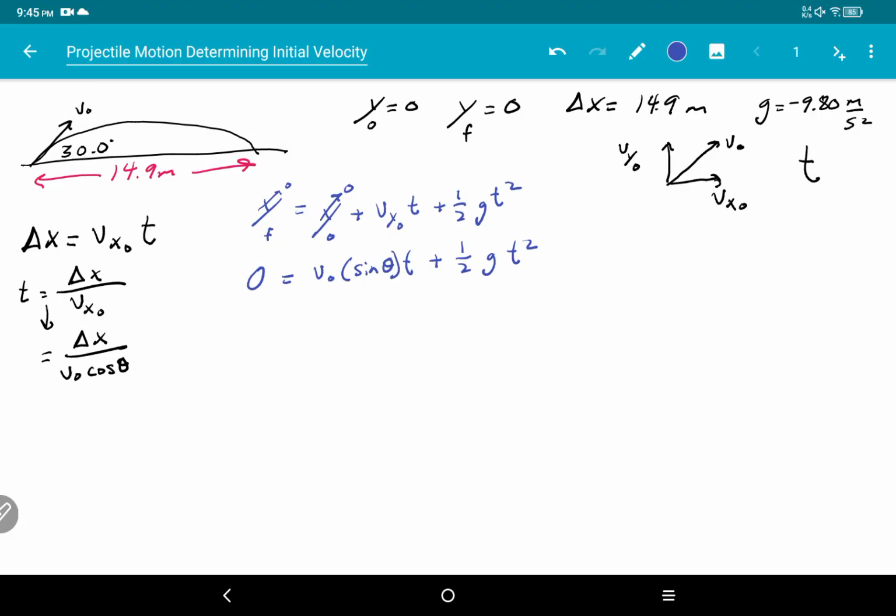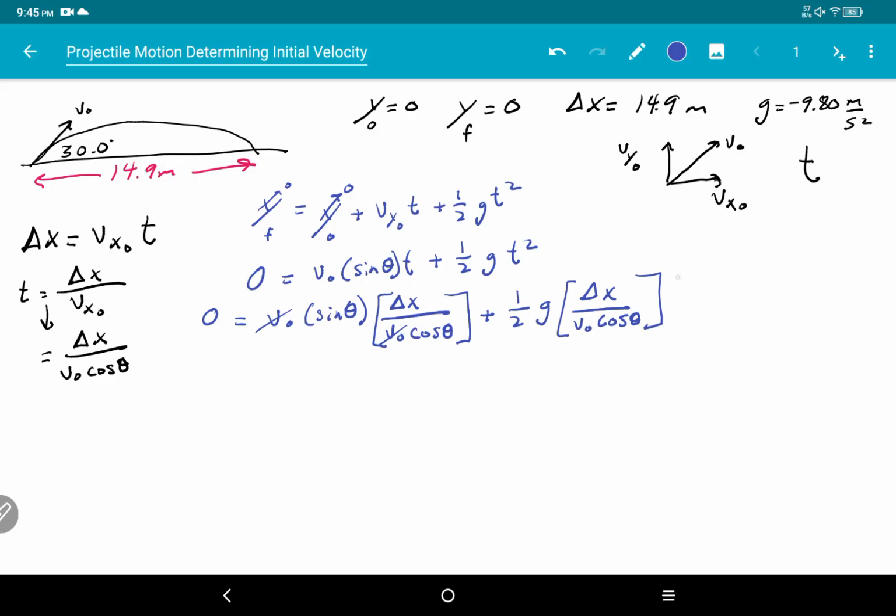Well, now we can substitute t with delta x over V naught cosine theta. Let's do that. So 0 equals V naught sine theta, bracket, delta x over V naught cosine theta. Sweet. These two go away. Now plus 1/2 g, bracket, delta x over V naught cosine theta, squared.